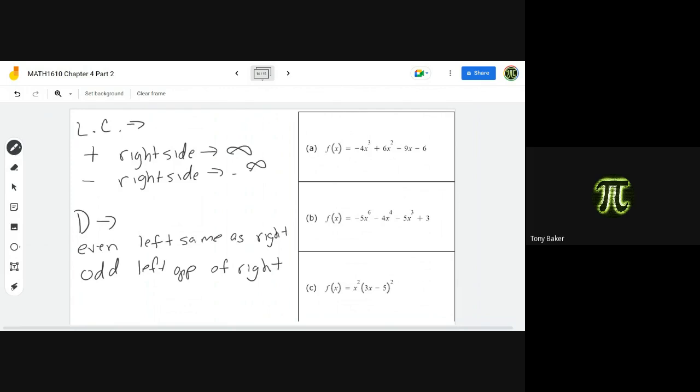And that's it. So find your leading coefficient first. That tells you what the right side does. And then use the degree to figure out what the left side does. There's not a million steps in there. So even if they ask you, what does the left side do? Just do the same thing. It's not that hard.